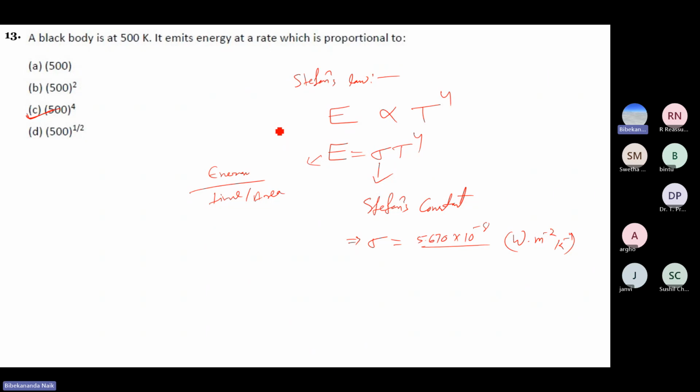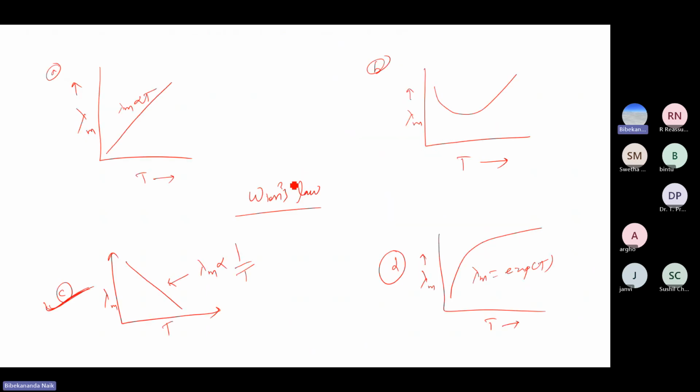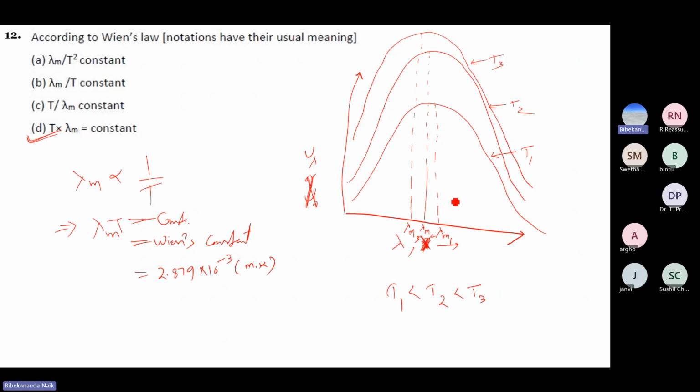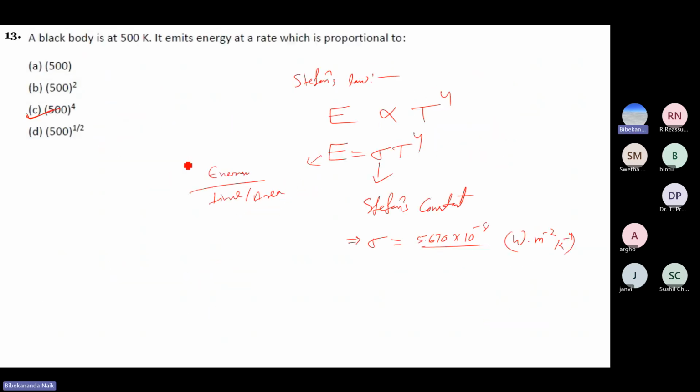So Stefan's law also gives the area of this curve. If you see this curve, with increasing temperature the area under the curve is increasing, because according to Stefan's law, the total area under the curve gives the total energy emitted, and that depends upon the temperature.